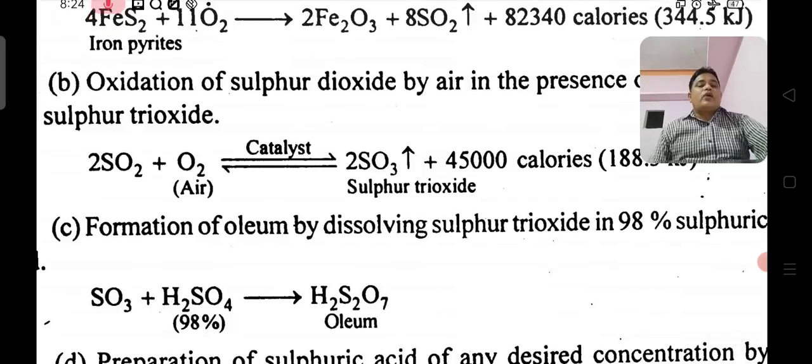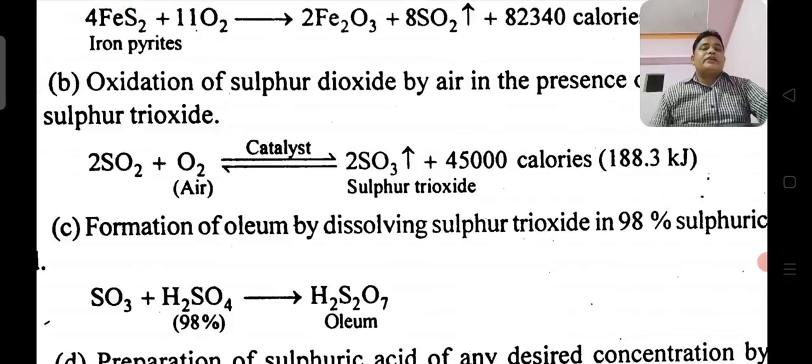So, for the concentration condition in the oxidation of sulfur dioxide to sulfur trioxide, the incoming oxygen obtained from Linde's or Claude's liquid air plant is mixed with SO2 in the proportion of 3:1 by volume. These are the four technical conditions.